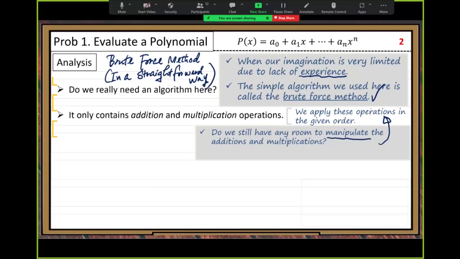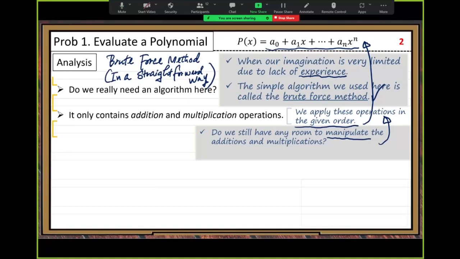So what's the given order? Given order is because when you see this expression, there is a natural evaluation order, right? When we learn in elementary school, we know what is the default order to evaluate this expression, right?